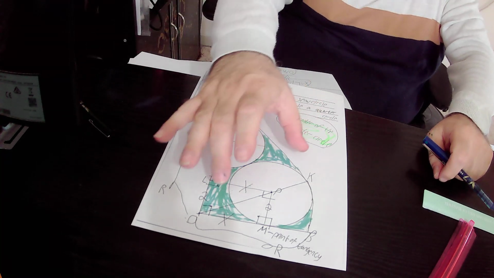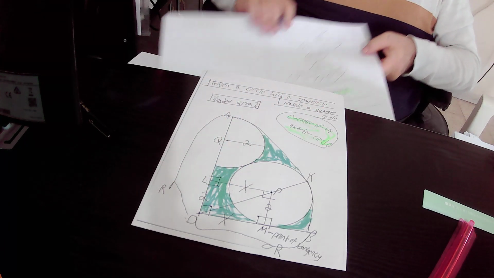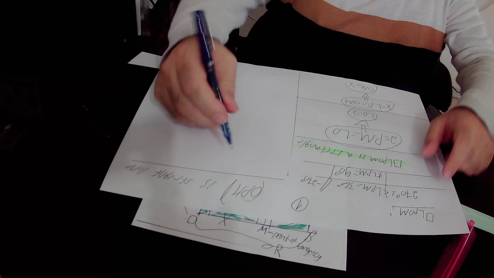Okay, so if OPK is a straight line, then OK is also a straight line.